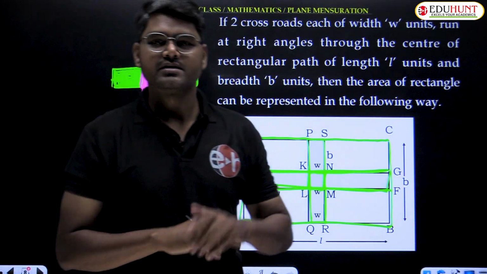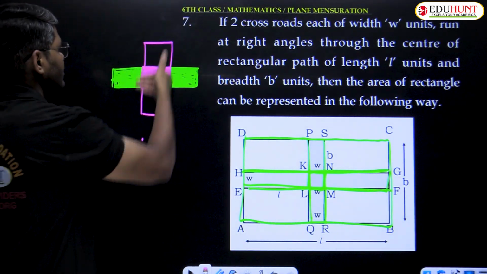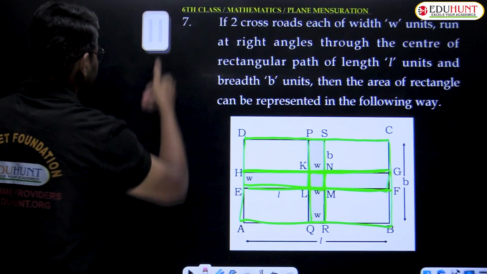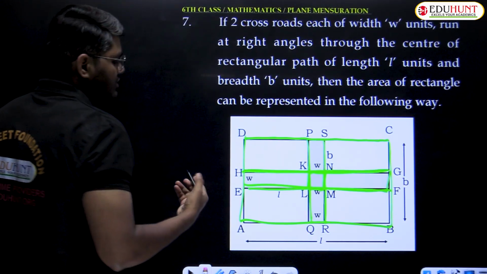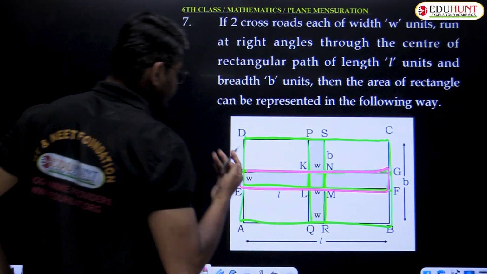Okay, so let's find the area of this crossroads. First of all, we have to find the area of this rectangle.